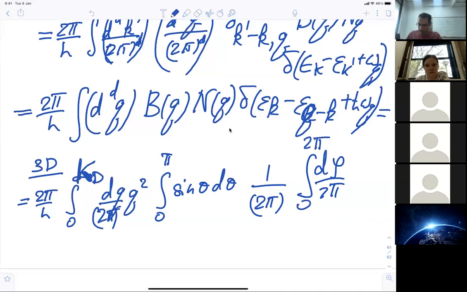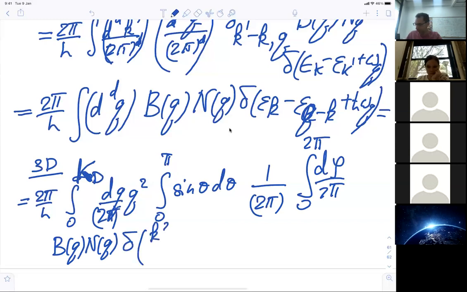And then b of q, N of q, and the delta function of k squared over 2m minus (k minus q) squared over 2m plus s q.